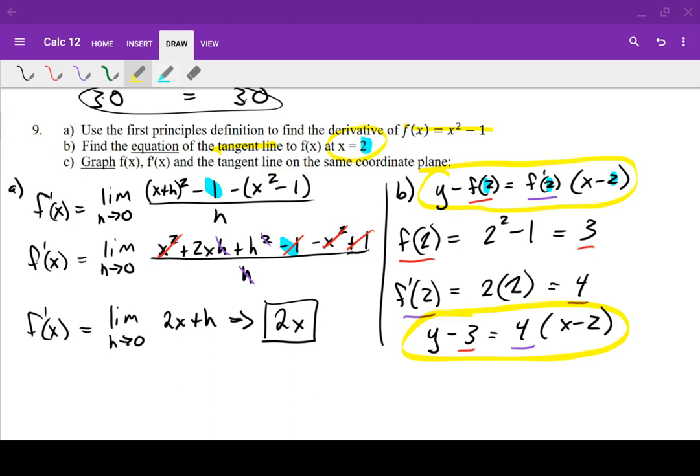Now, if I graph the line that I just produced, which was y minus 4, I believe, equals 3. No, it was y minus 3 equals 4 and x minus 2. Boom. There we have it. That green line, which is this line right here, that green line is a tangent line exactly at 2, because I've got the point, which is 2 comma 3, right?